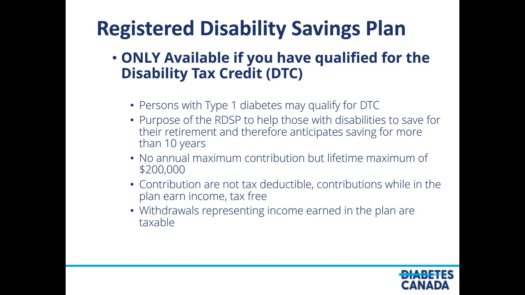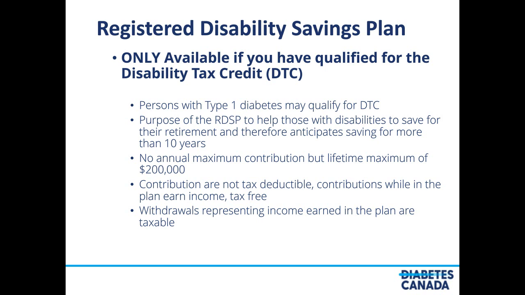Patience is the best rule here in trying to get acceptance for your disability tax credit. I'd be happy to take questions on that, but since I have talked about specifically how to claim your disability tax credit in a previous webinar, I'm not going to go into detail about the DTC on this webinar, but I will talk more on the Registered Disability Savings Plan.